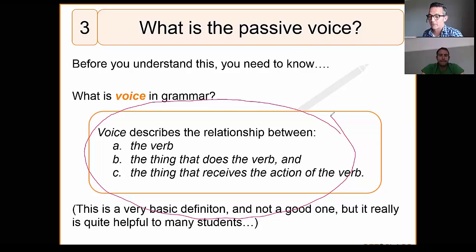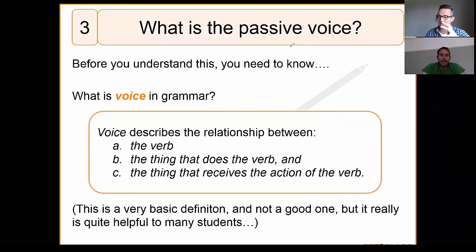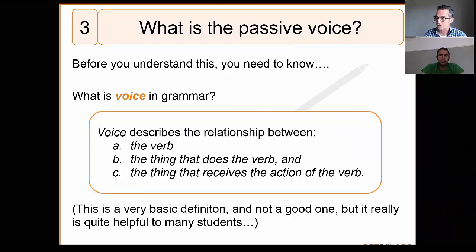So that's the definition that I start with. It's very simple for them to memorize, and as you go along and teach the passive voice, you can come back to that because you're often talking about the relationship.